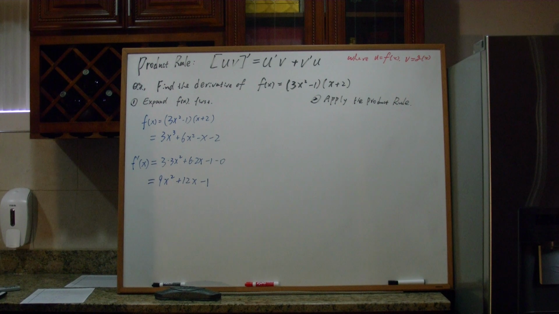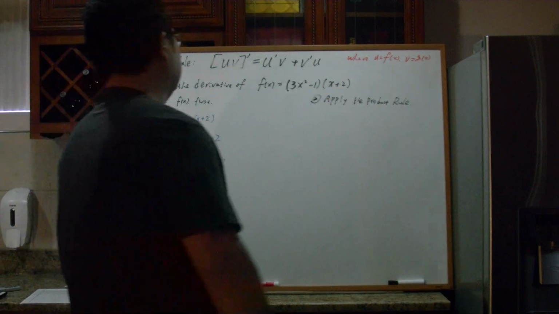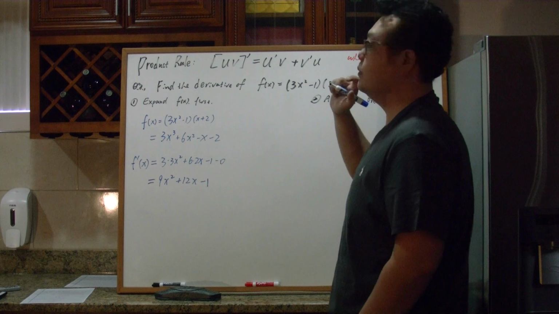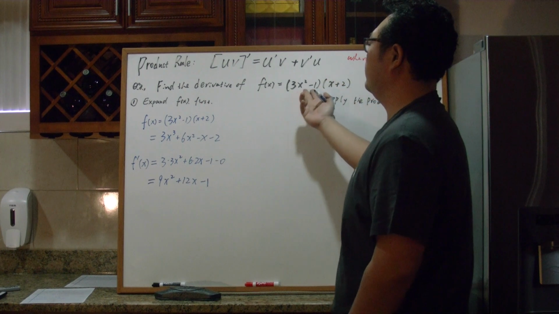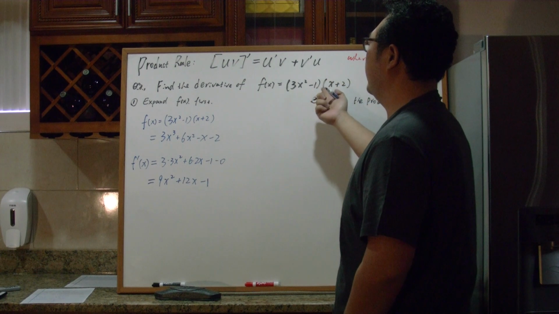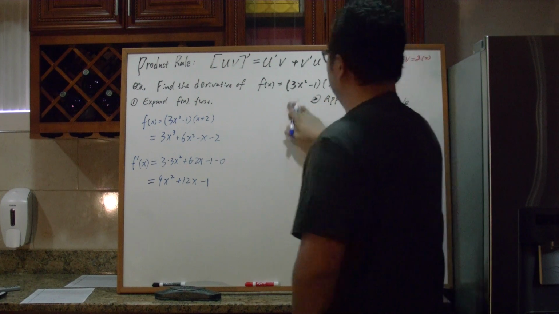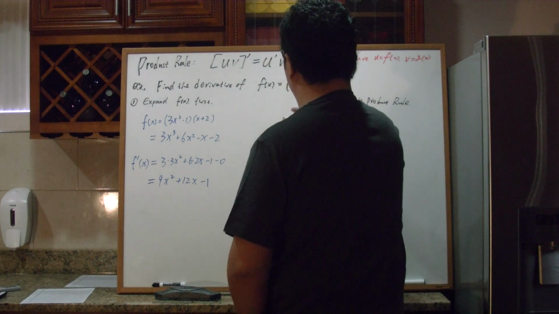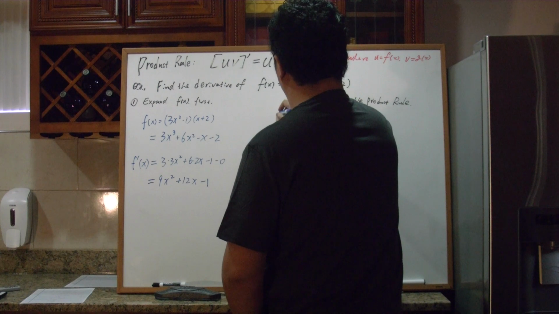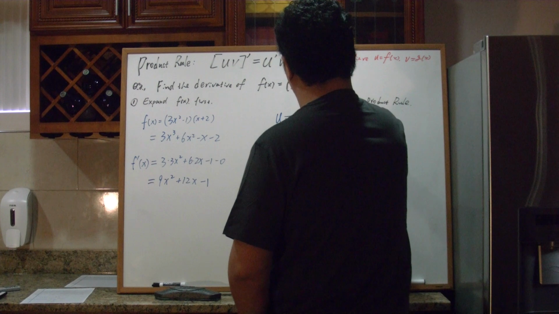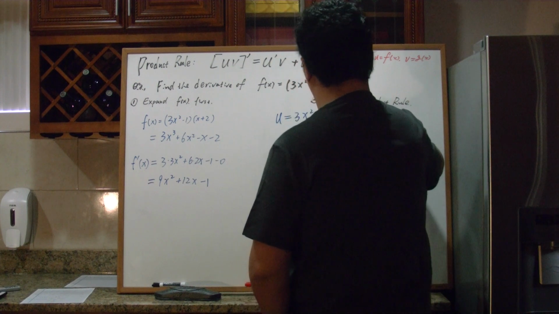Now we apply the product rule, and we expect to get the same result. First of all, we have the product of two expressions. The first expression is 3x squared minus 1, multiplied by the second expression, x plus 2. We identify the u and the v.